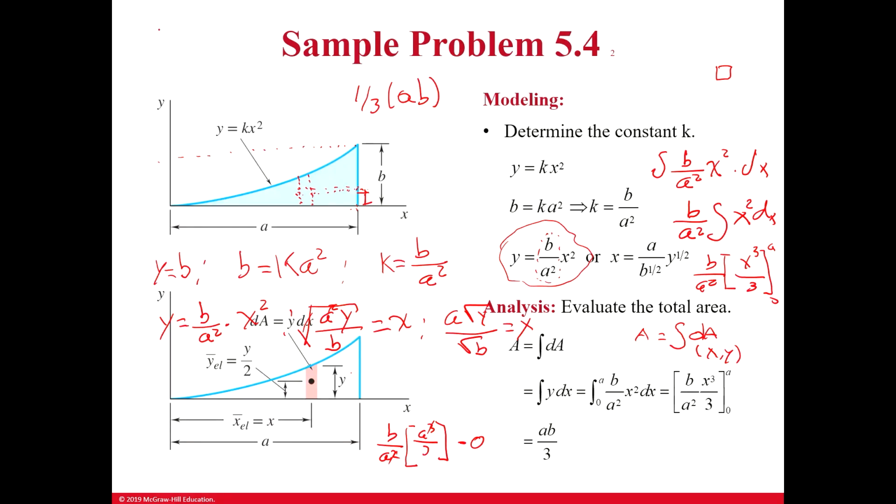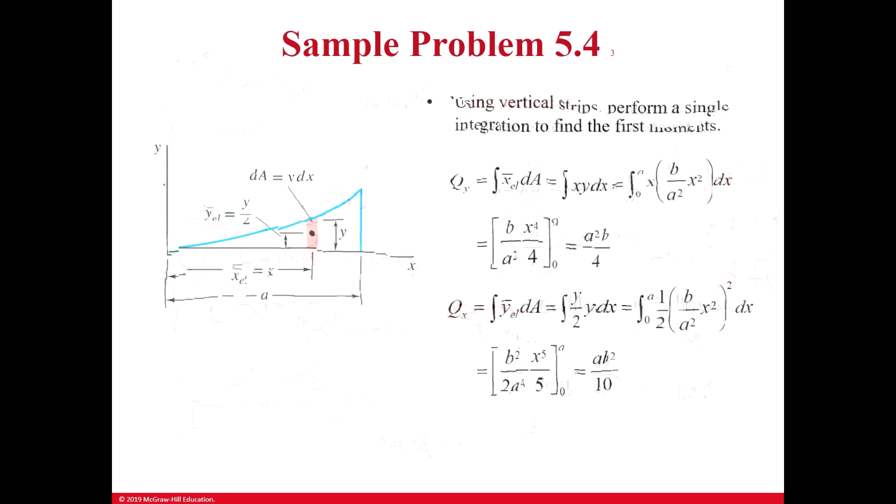So if they give you a parabola where this is 5 and this is 2, the centroid will be at 1/3 of 10. All right, so it's pretty simple.